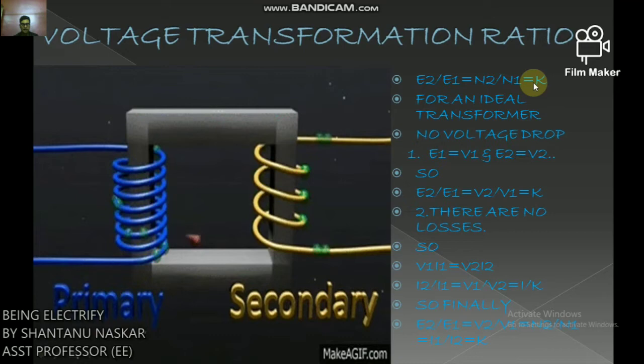If K is 5, then N2 by N1 equals 5, and E2 equals E1 into 5. Now for an ideal transformer, E1 equals V1 and E2 equals V2, as there is no voltage drop in the winding, so E2 by E1 equals V2 by V1 equals K.